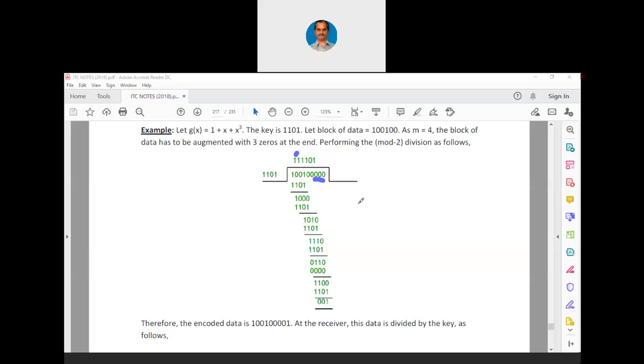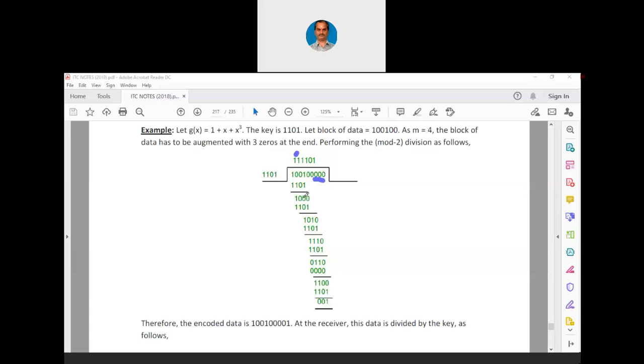That is, we are going for modulo 2. So here 1 minus 1 is going to be 0, and 0 XOR 1 now. This is basically an XOR operation. So 0 minus 1 in modulo 2 is going to be 1.